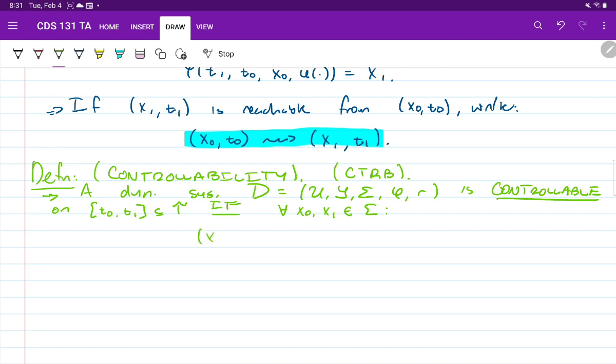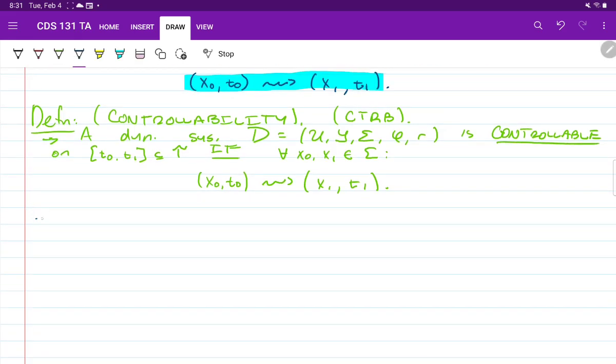Okay? So I have (x0, t0). I'm able to reach (x1, t1). All right? So basically, I declare a system to be controllable if I can always reach any state from any initial state for these given times t0 and t1.